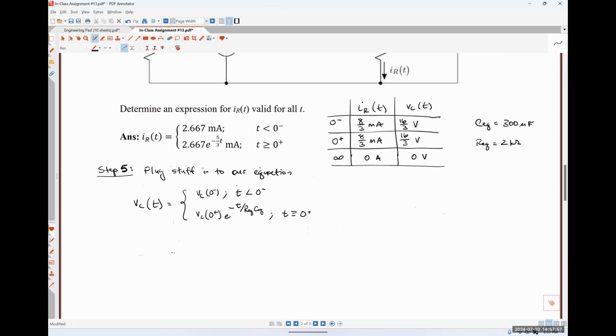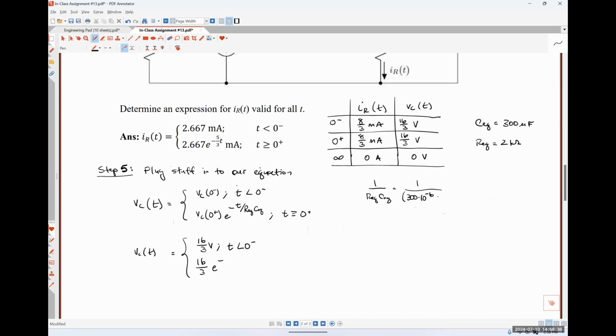So if I put in our numbers from the little table that I wrote, we're going to have 16/3 of a volt for t less than 0 minus, and then 16/3 e to the something. So let's figure that out really quickly. So 1 over Req times Ceq is 1 over 300 times 10 to the minus 6.